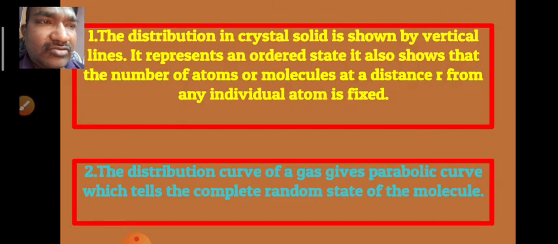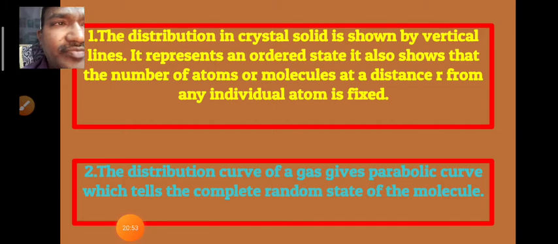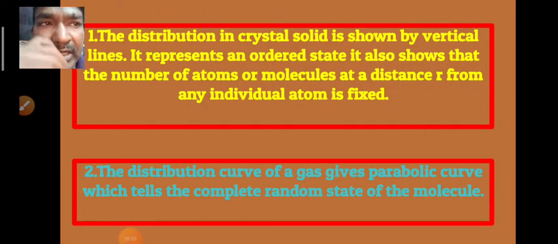What points would we observe in the radial probability curves? The distribution in the crystal solid is shown by the vertical lines. It represents an ordered state. It also shows that the number of atoms or molecules at a distance r from any individual atom is fixed.